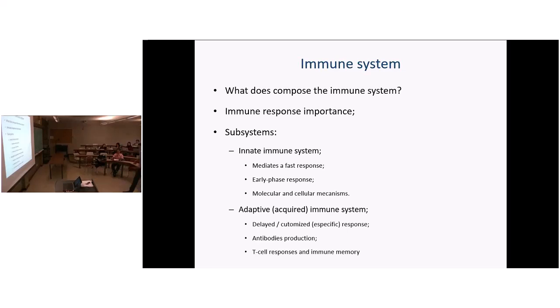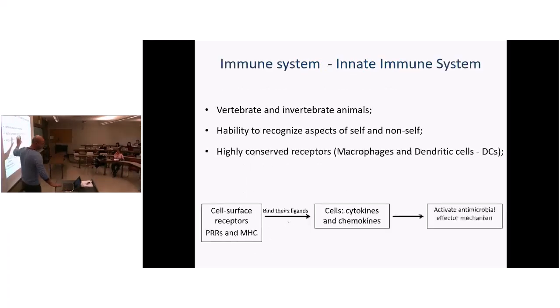Okay? Now, we're going to talk about some types of these cells. So let's say you do have this ability to recognize what is self and non-self. It's very common that how you recognize those things is through a series of receptors.